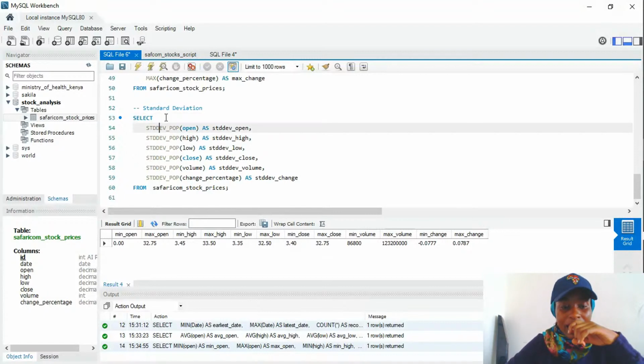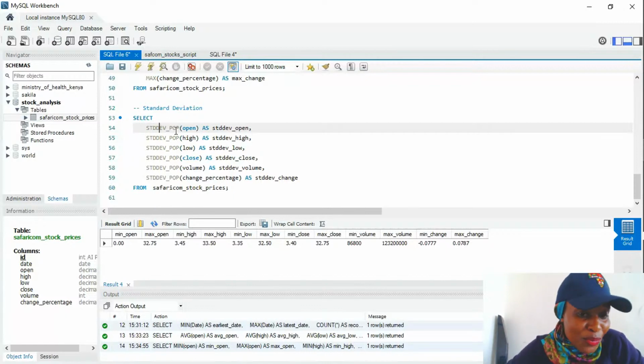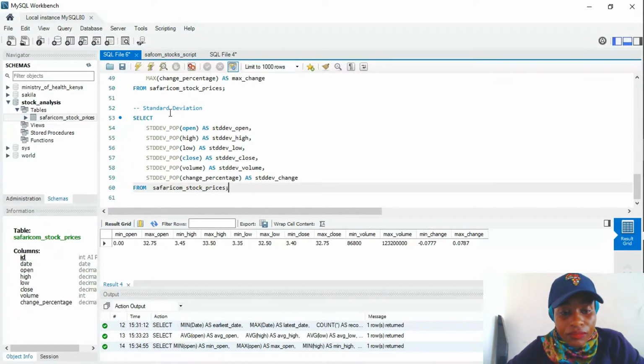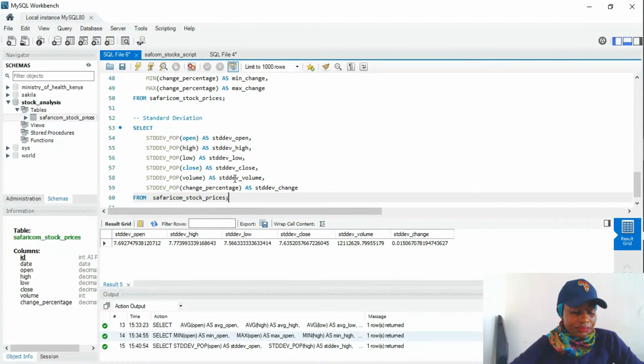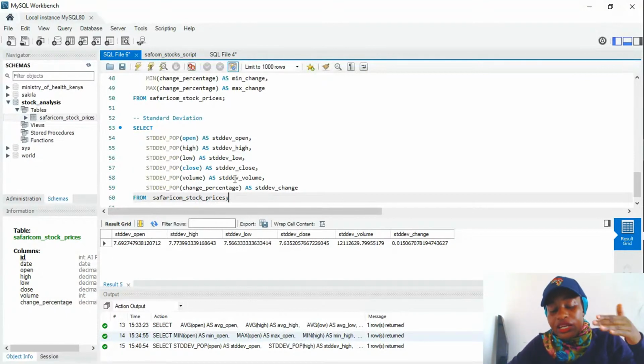And we're doing that by using the standard deviation function, which is this stddev_pop. Let me just run that before I explain something. So normally, the higher the standard deviation, the higher the volatility, and the higher the risk. Higher standard deviation means more volatility, and it means more risk.